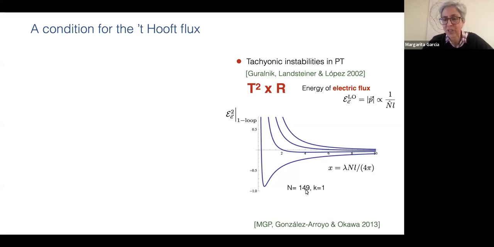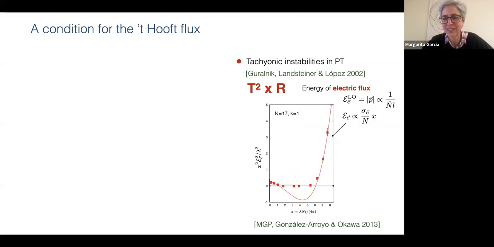So, of course, this will not become negative in a numerical simulation. This is, for example, the result of a numerical simulation where we have fixed n equal to 17, k equal to 1. And moreover, when you make the volume large, the electric fluxes, because we are in a confined theory, will grow linearly with the size of the box, and then these energies will go up.